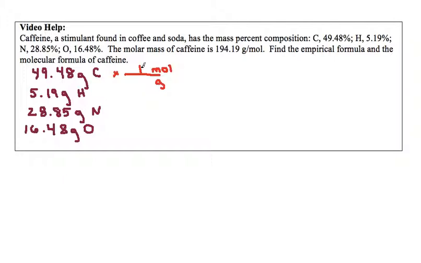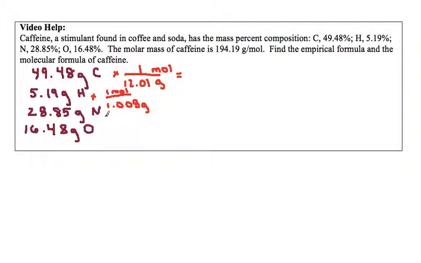So for carbon, the molar mass is 12.01. I'll do that math in a sec to find my number of moles. I'm going to just keep writing these out. So crisscross swoosh, 1.008 grams for hydrogen in every 1 mole.